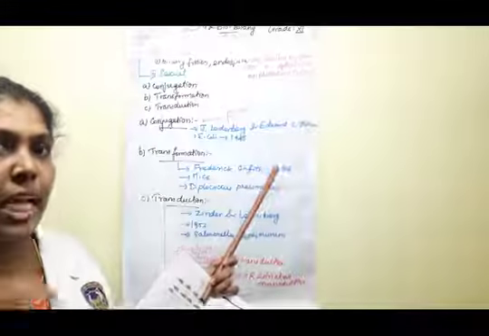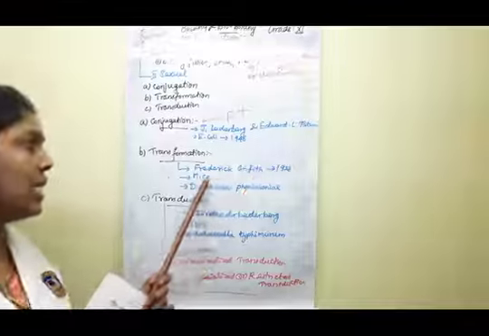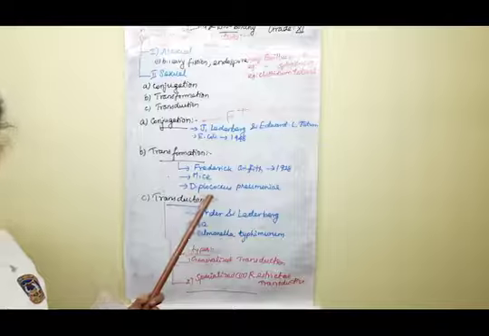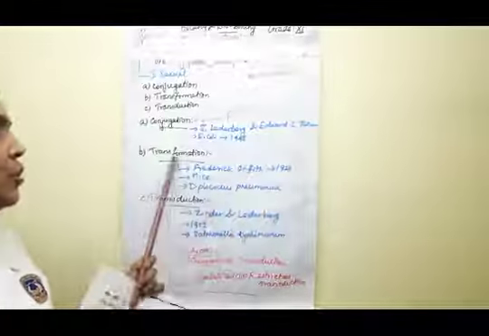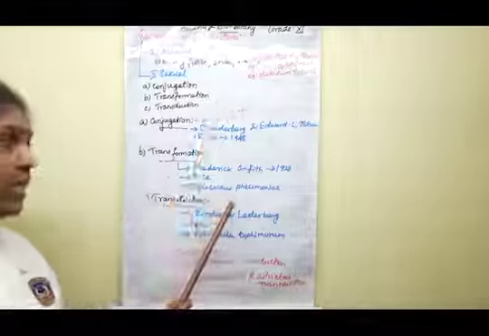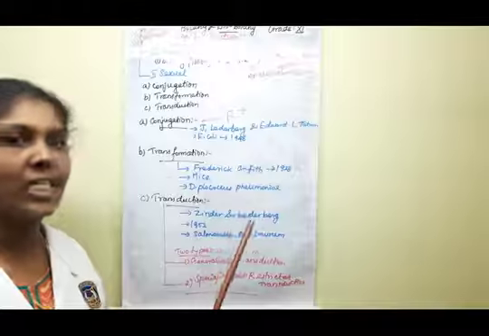This person used the mouse as the organism for the experimental work. Then which bacterial cell is used for this transformation in bacteria? This is Diplococcus pneumoniae. Okay, Diplococcus pneumoniae.